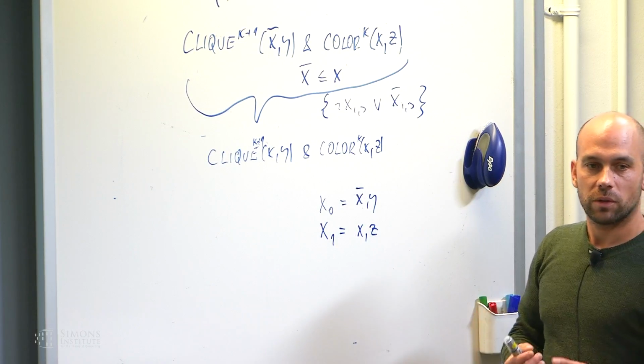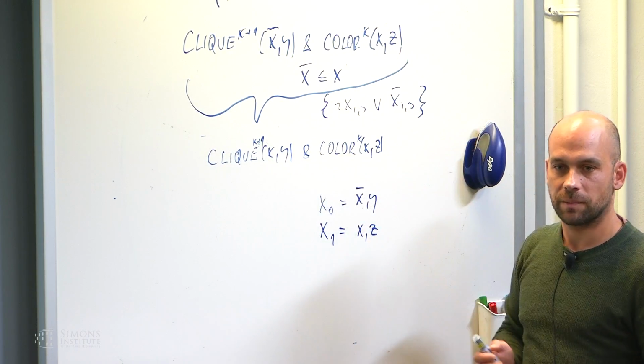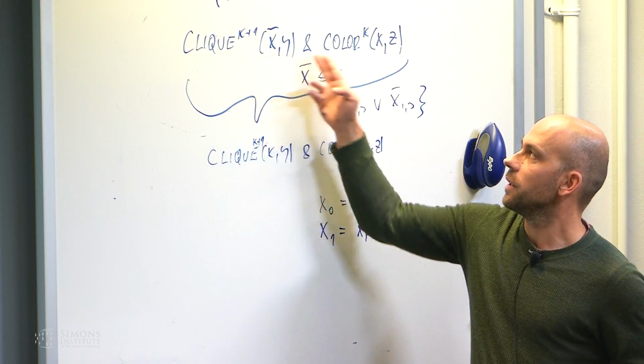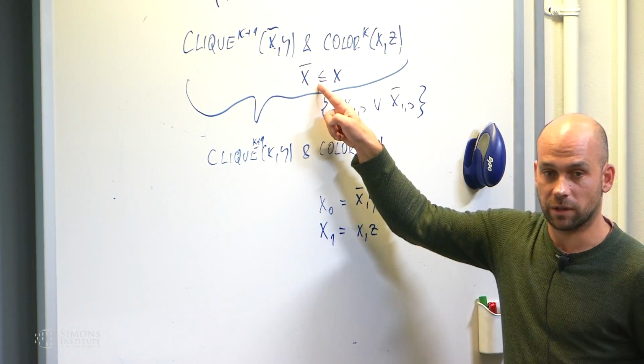And now they are supposed to agree on a clause in here which is false. But it cannot be a clause which is contained here, so it must be a clause which is contained somewhere here.